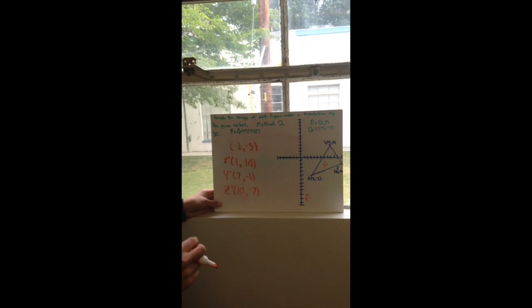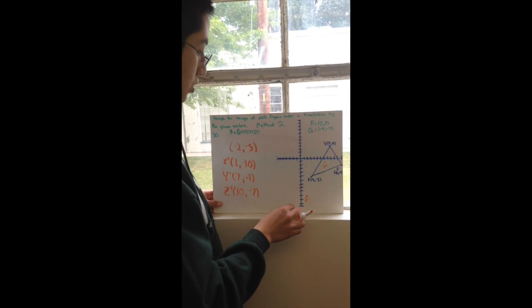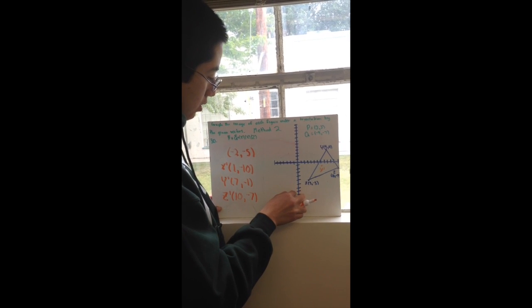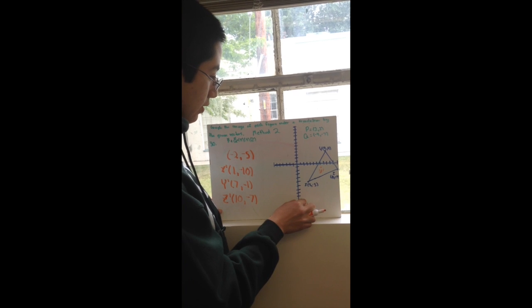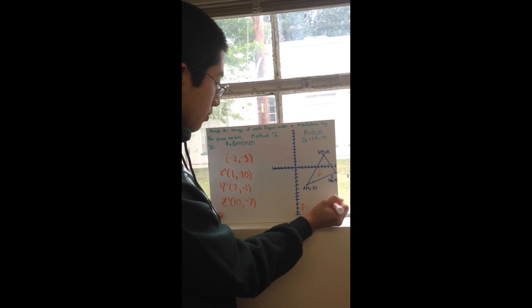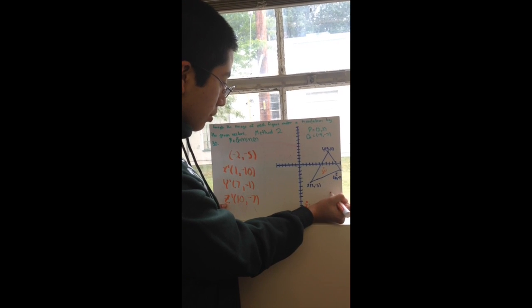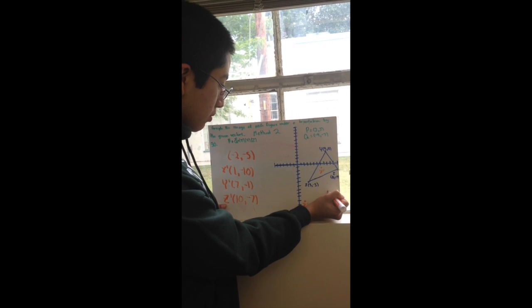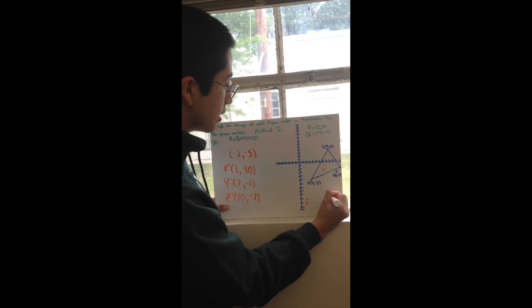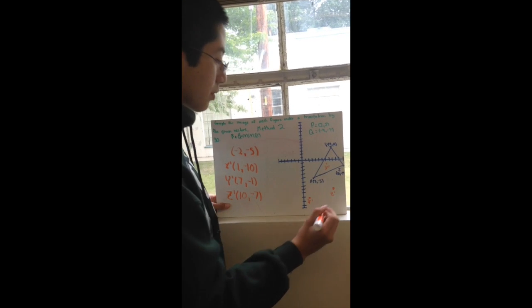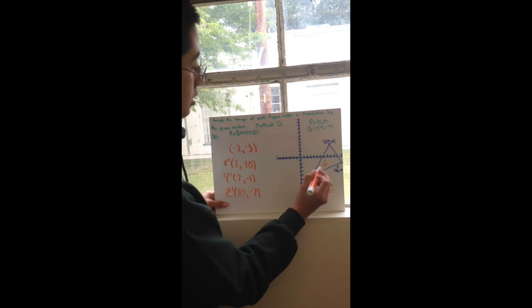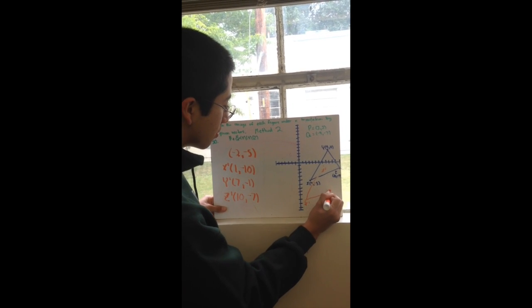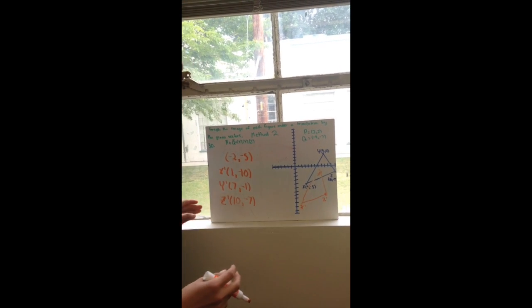And then our Z prime is at 10, negative 7, which is going to be over here. And that is our Z prime. And now we need to connect these points to create a triangle. And that looks very simple.